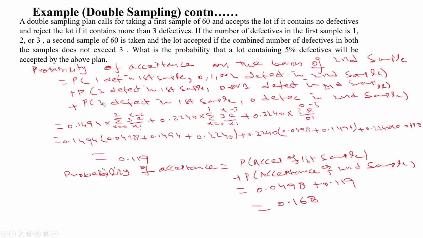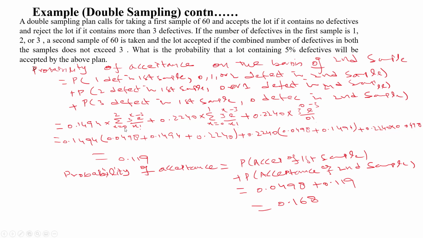So now we want to calculate 1 defective in the first sample. How will we calculate that? Because we will multiply these chances and add all of them. So x is equal to 0 to 2: 0, 1, 2.